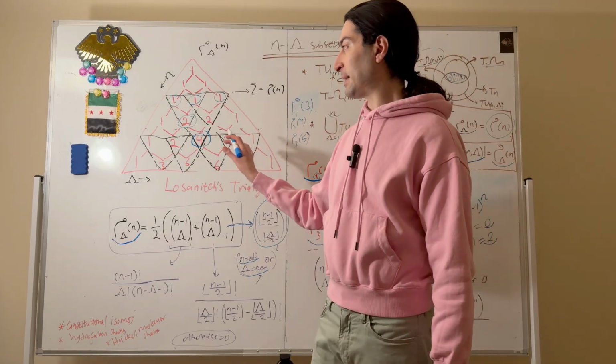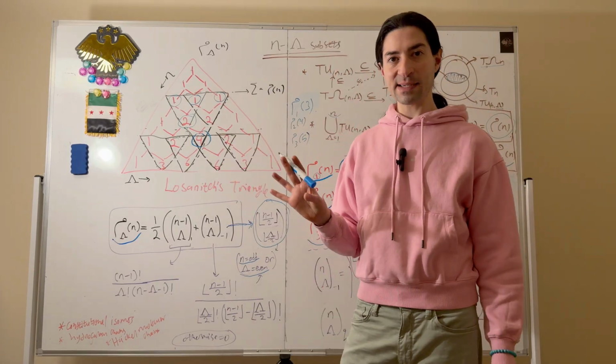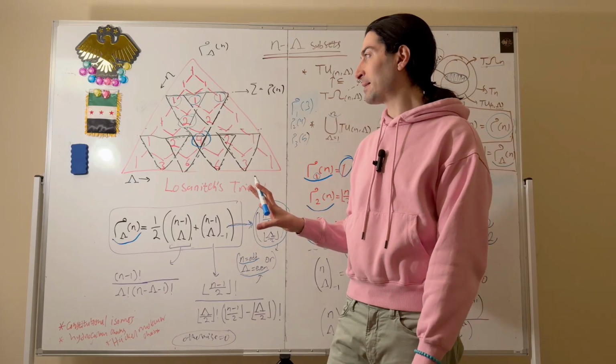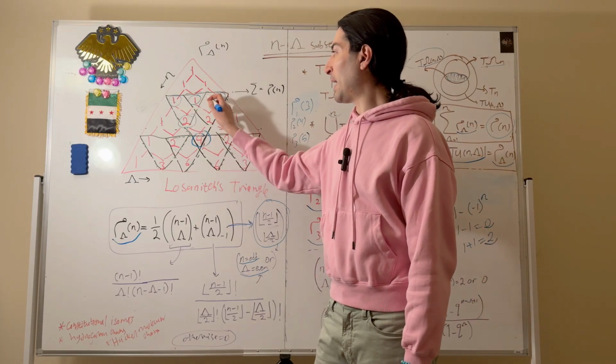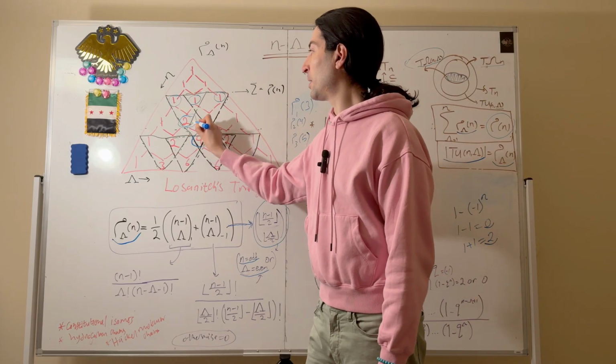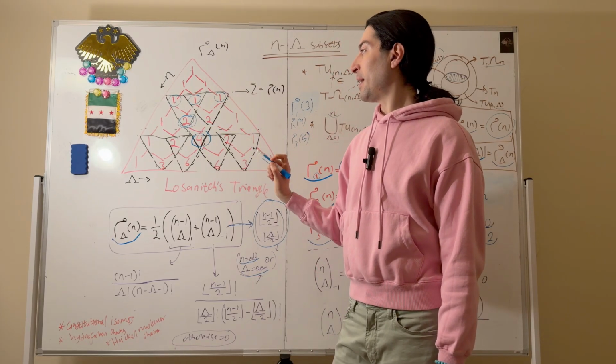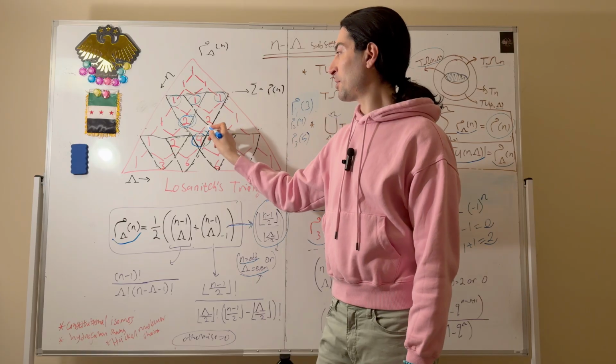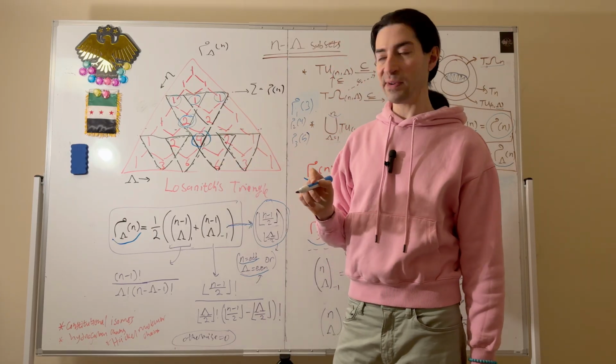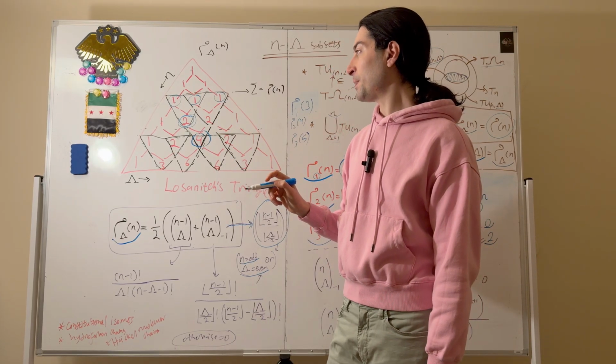We notice that it has some aspects of Pascal's triangle, but not all the time. So for example, we have these areas where 1 plus 1 gives us 2, 1 plus 1 gives us 2. And then we have another 2 plus 2 gives us 4. This is very similar to Pascal's triangle.